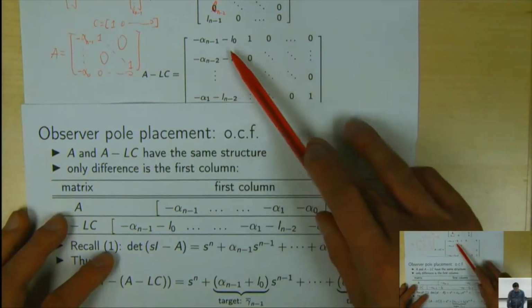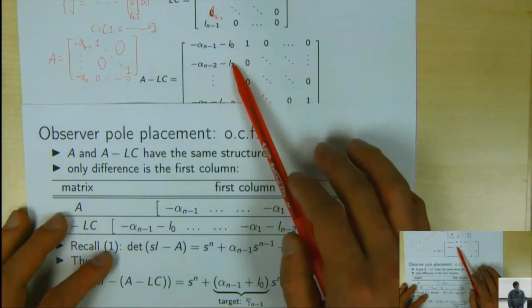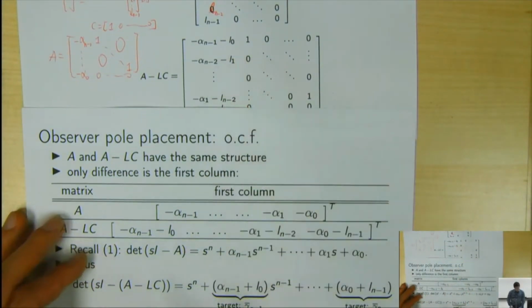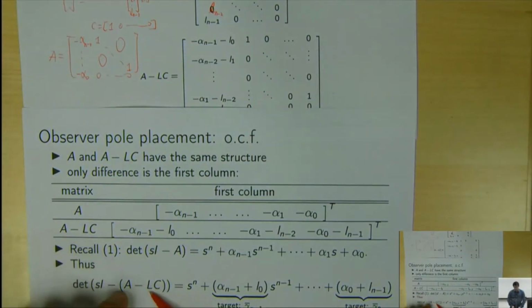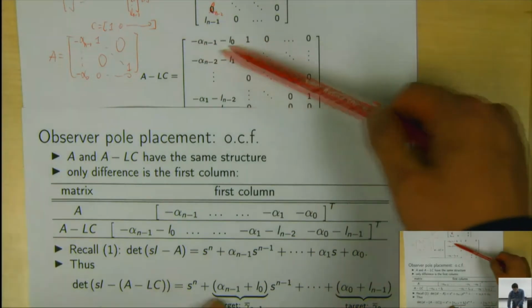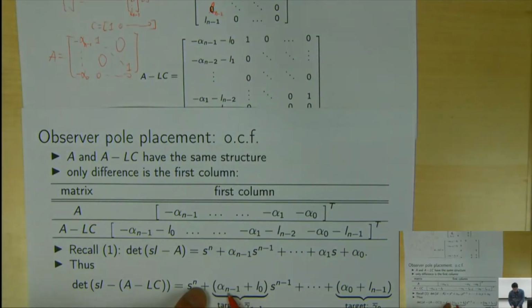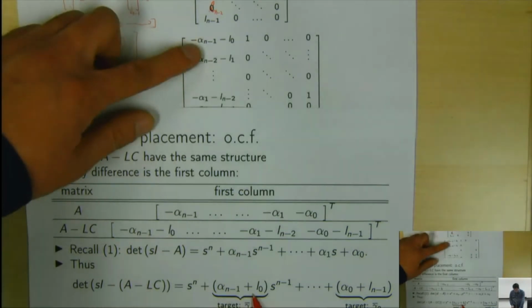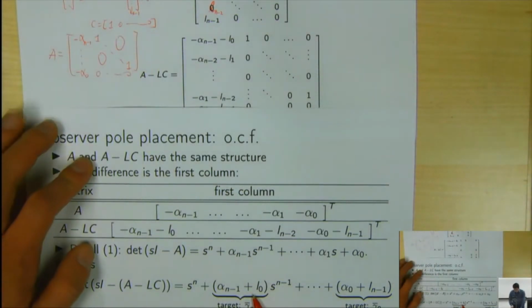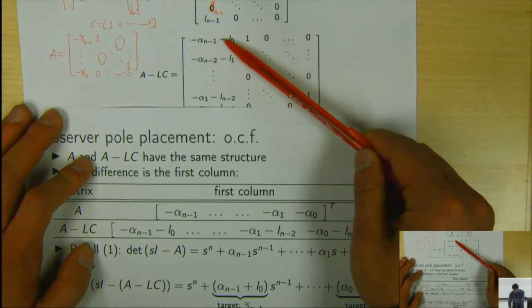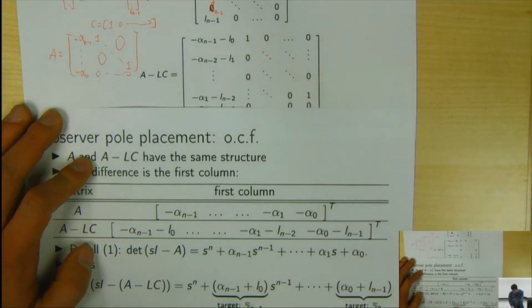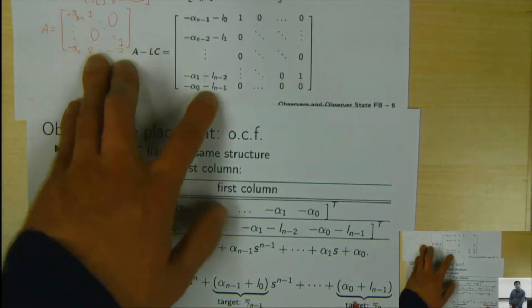So comparing the structure of A and A minus LC, you can see the determinant of sI minus A minus LC should have coefficients that all come from the first column. So it's going to be alpha n minus 1 plus L0. Be a little bit careful: this is alpha n minus 1 and L0, different from the state feedback case. And then all the way to alpha 0 plus Ln minus 1.